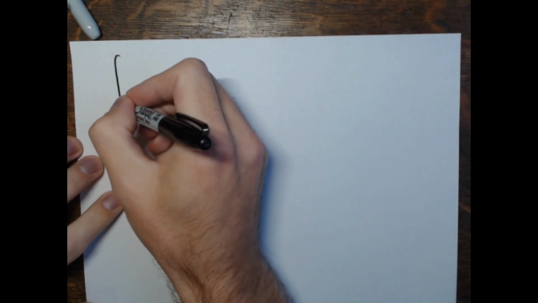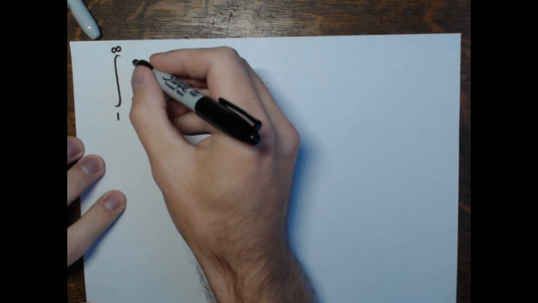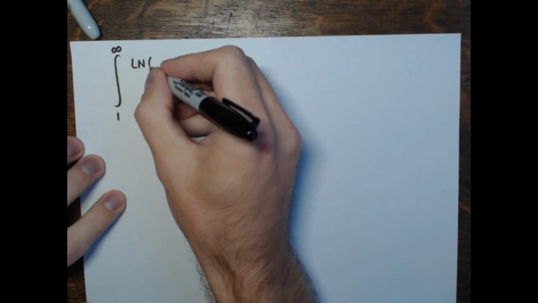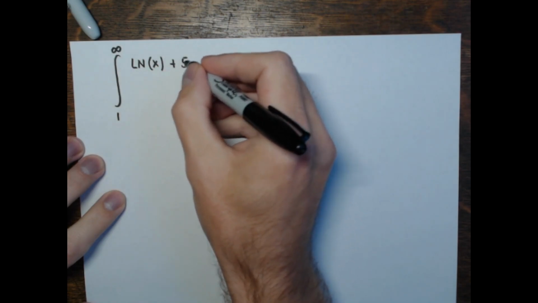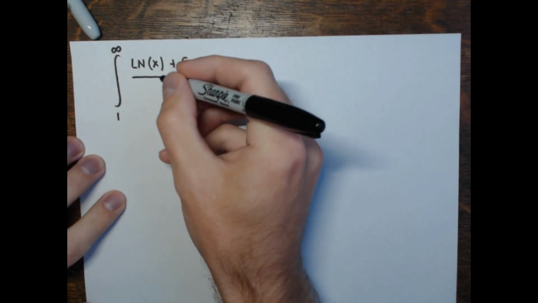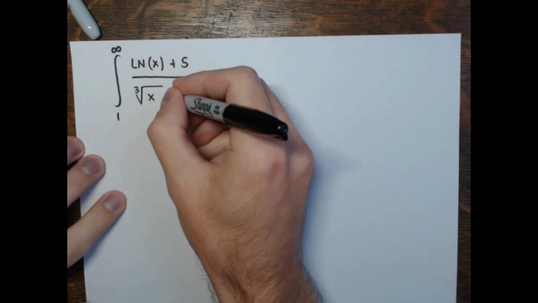All right, so here's the initial integral we're given. The integral from 1 to infinity of the natural log of x plus 5, over the cube root of x plus 5.